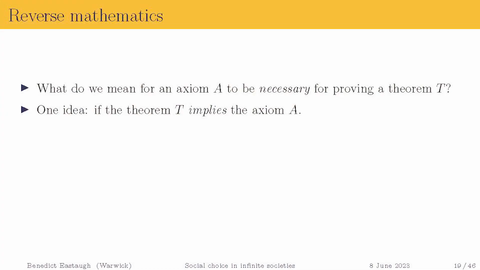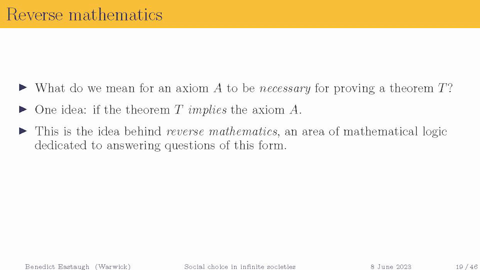Right? So a problem might be something like an infinite society, and a solution would be a non-dictatorial social welfare function for that society. So what do we mean for an axiom to be necessary for proving a theorem? And one obvious and basic idea is just, well, if the theorem implies the axiom, if you can prove the axiom from the theorem, hence the reverse part of reverse mathematics.